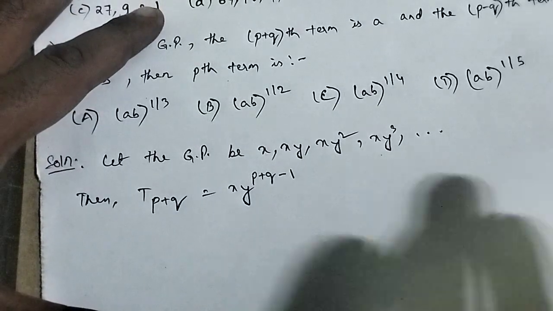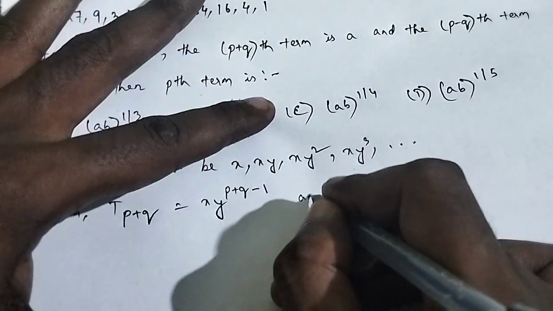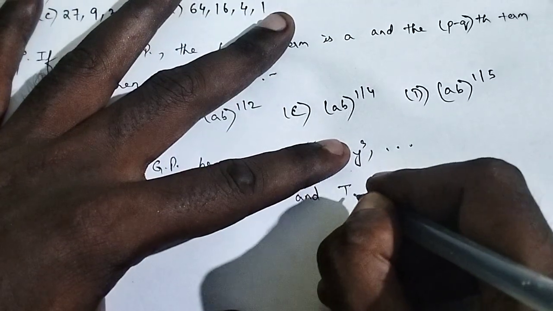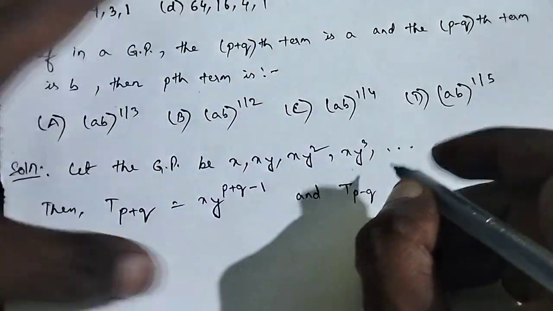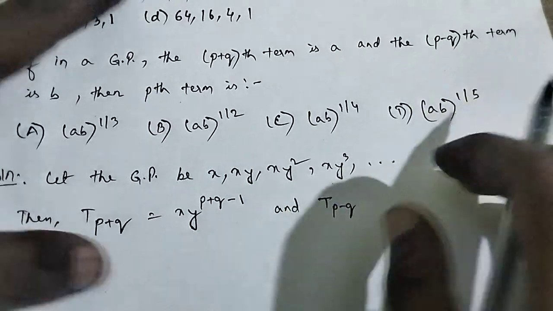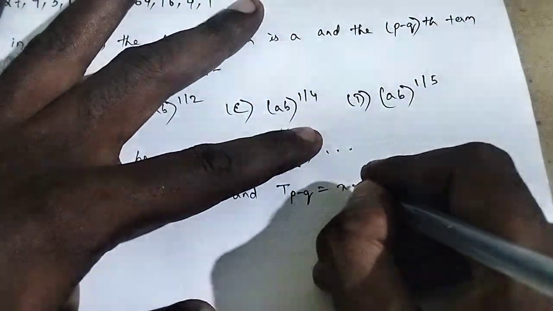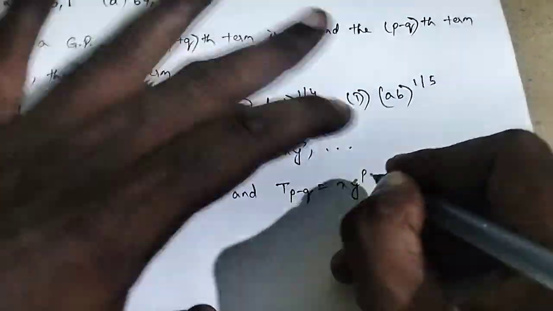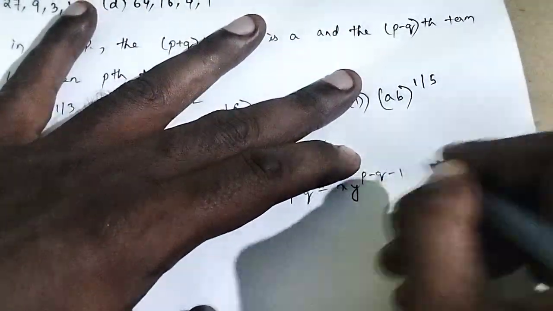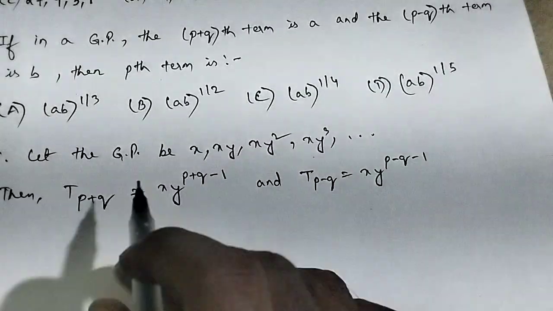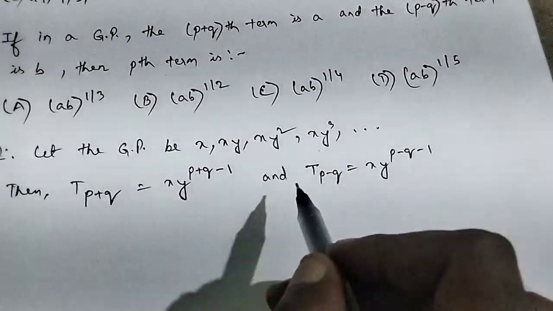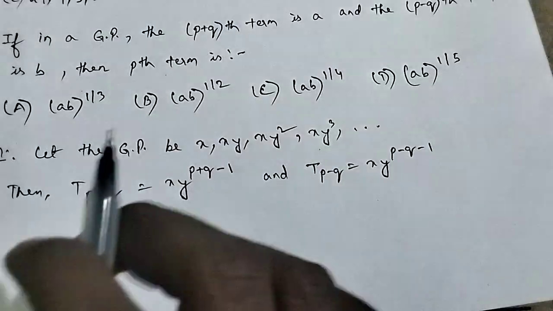And the p minus qth term would be xy to the power p minus q minus 1. This is the p plus qth term, this is the p minus qth term.